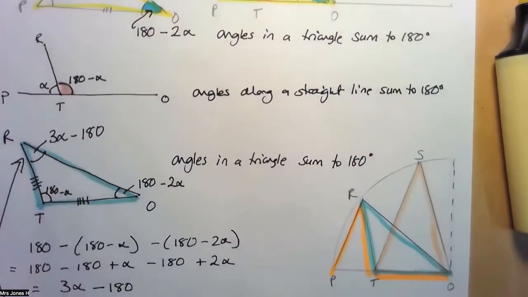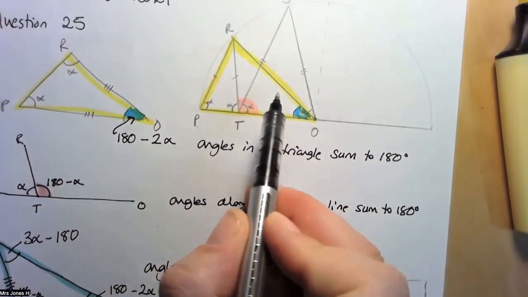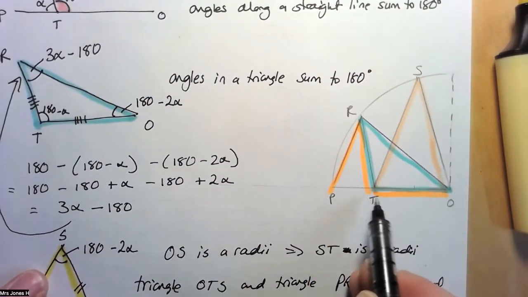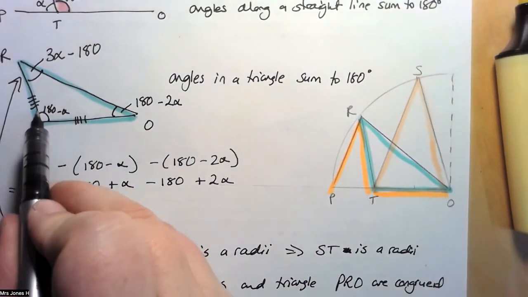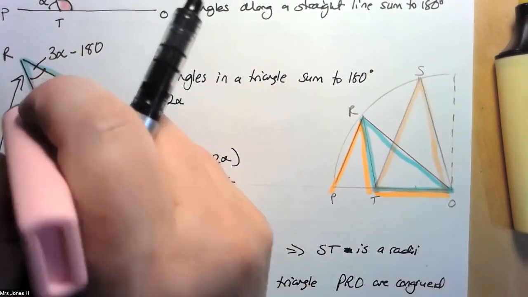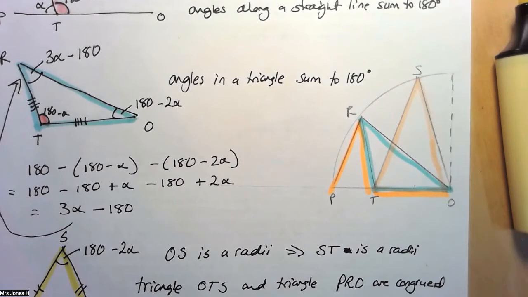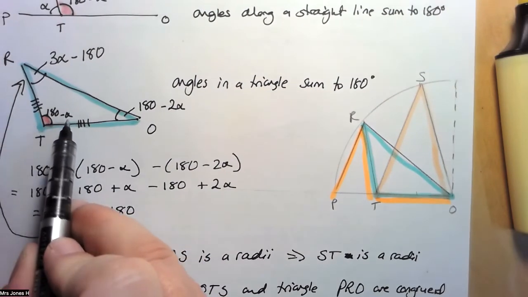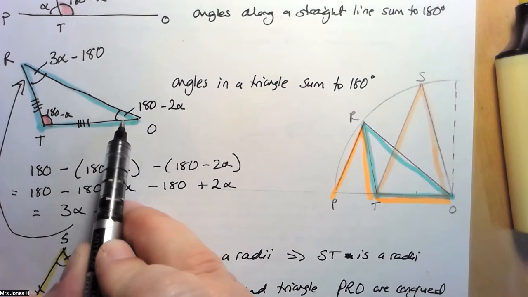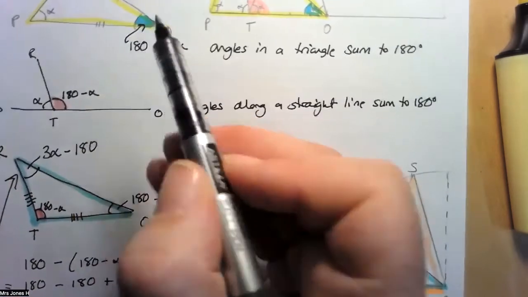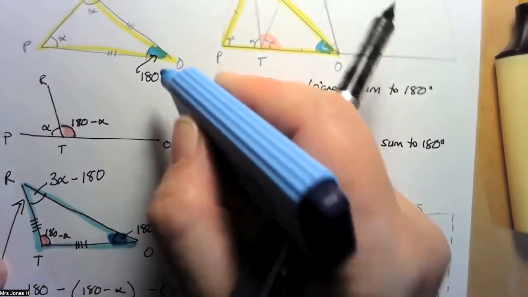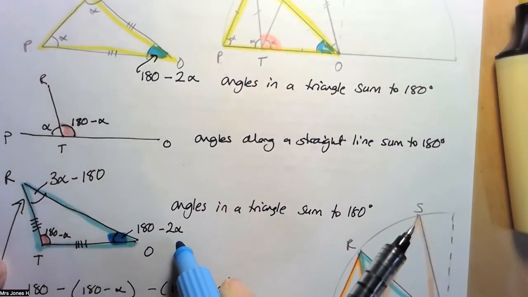If we now draw out this triangle ROT, which is the same one as this blue triangle here, we know this is the pink angle here, the 180 subtract alpha. We know that this angle here is the same as this angle up here, which is 180 subtract 2 alpha.